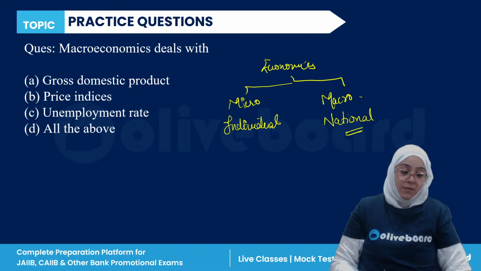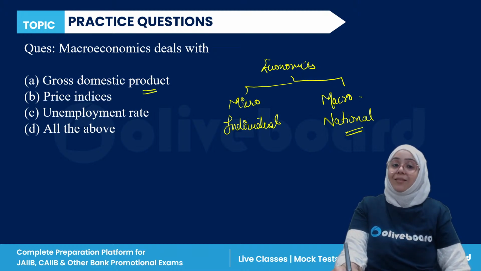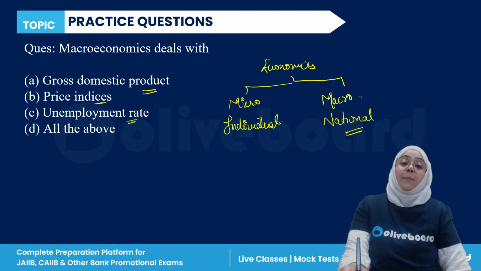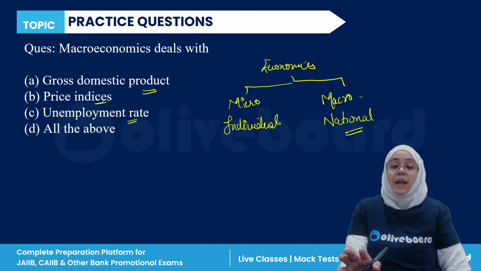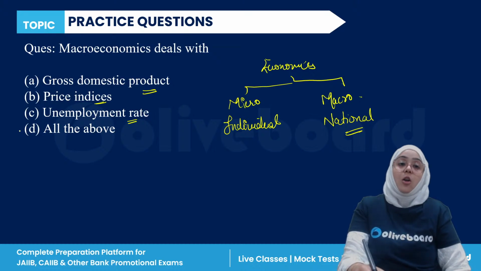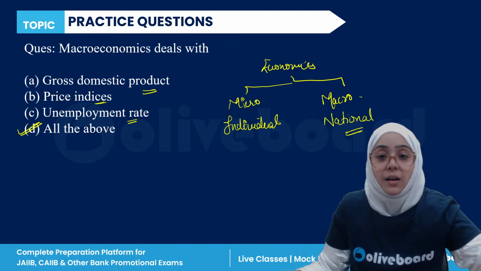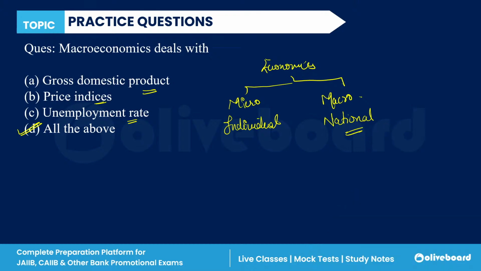So when we are talking about GDP, it is the nation as a whole. Price indices, again the nation as a whole. Unemployment rate, again the nation as a whole. So all of the above is the correct answer. Irfan, Ruchi, Hema, Navdeep, everyone is correct here.